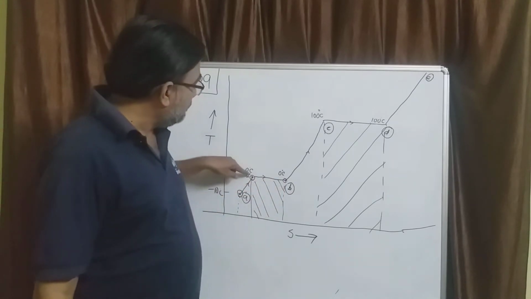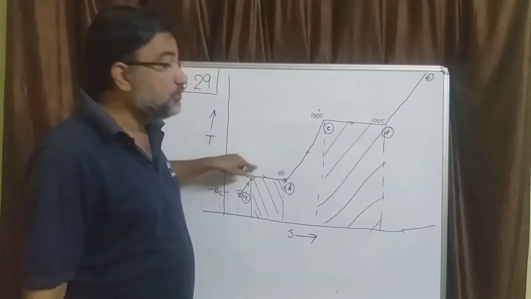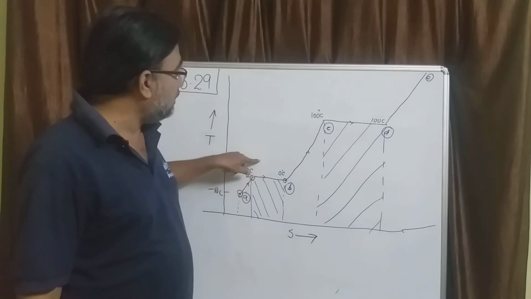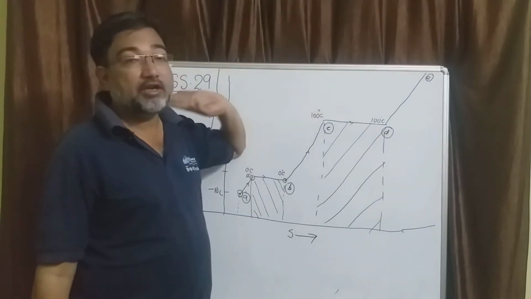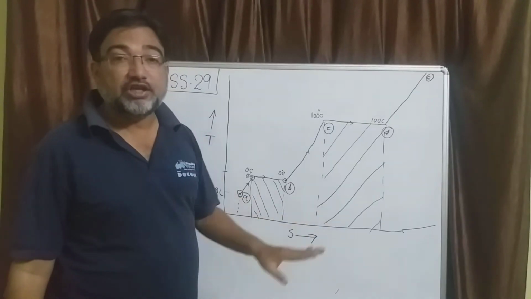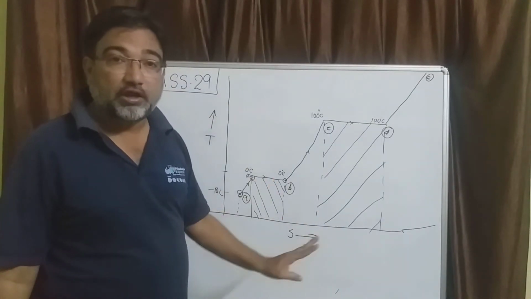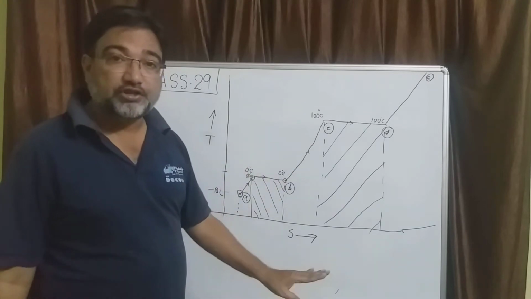Okay, that means beyond this point, solid will not remain as solid, and beyond this point, liquid will not remain as liquid. It has to undergo a transformation or change of phase.